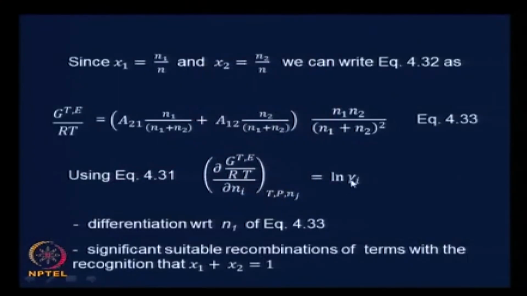By now you may be comfortable with the math, and probably the algebra will take some time, that is okay. Hopefully you would have obtained, by doing the differentiation with respect to n1 and recombining significantly with the recognition that x1 plus x2 equals 1, you would get ln gamma 1, please check whether you got this, equals x2 squared times a12 plus 2 times a21 minus a12 times x1.